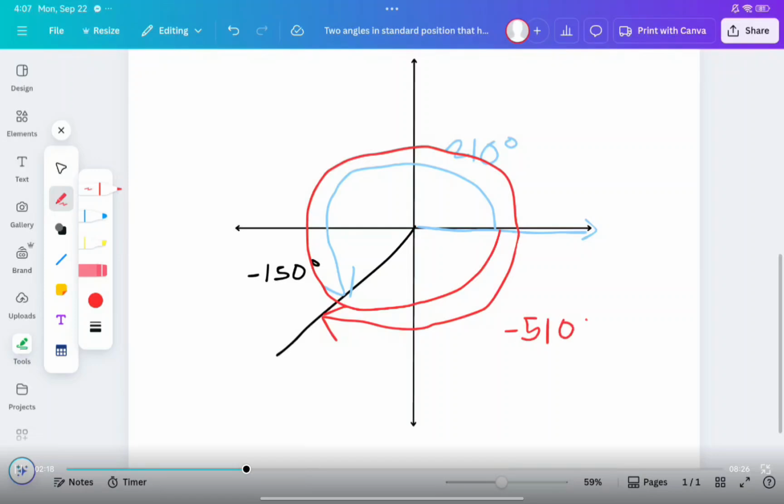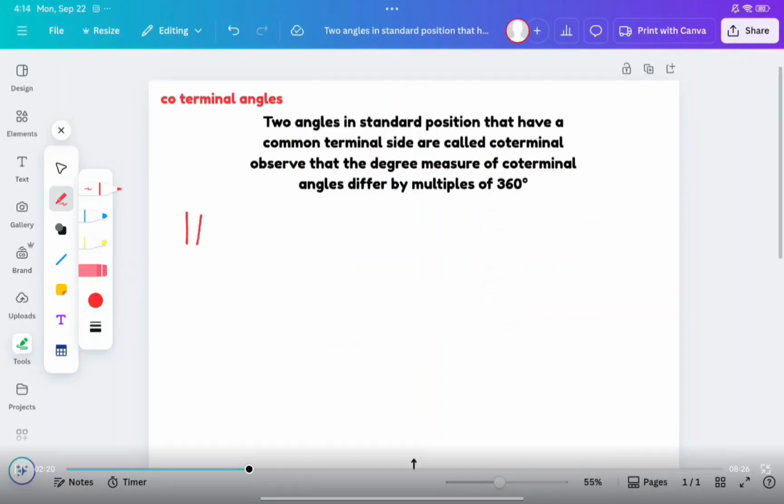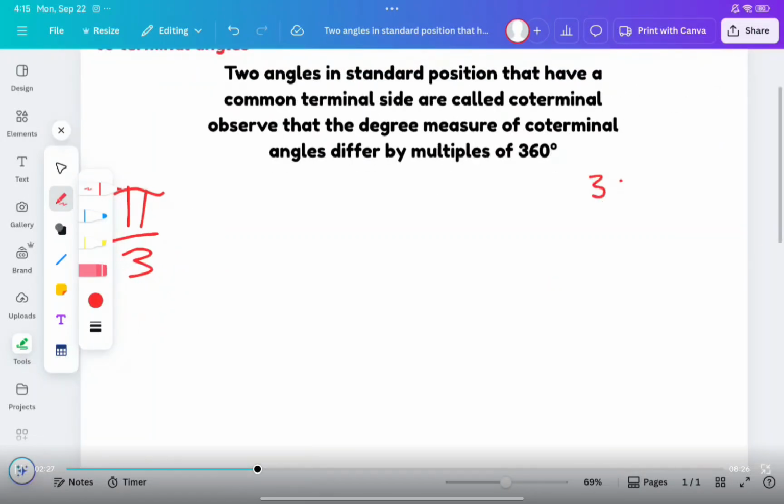So let's have another example. We have here a given angle, which is pi over 3. And 360 degrees is equal to 2 pi. So, pi over 3 plus 2 pi, and let's write the common denominator.